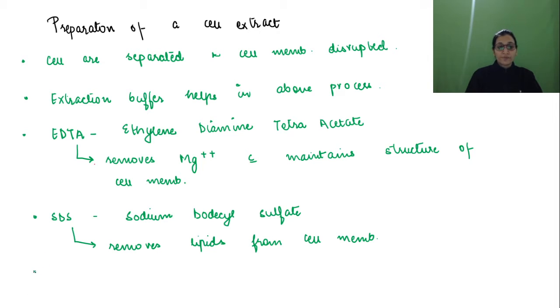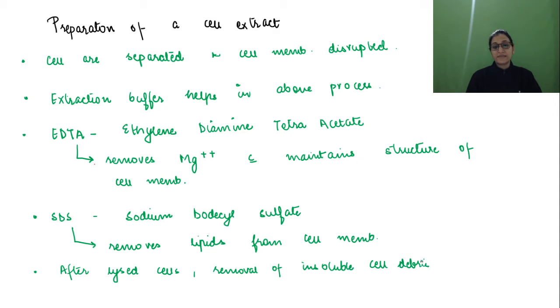Now, when the cells are lysed, the final step in the preparation of cell extract is the removal of insoluble cell debris. So after lysed cells, removal of insoluble cell debris is done.